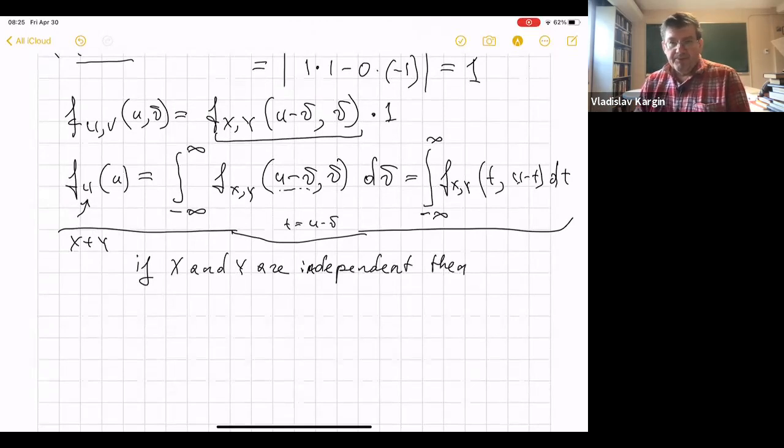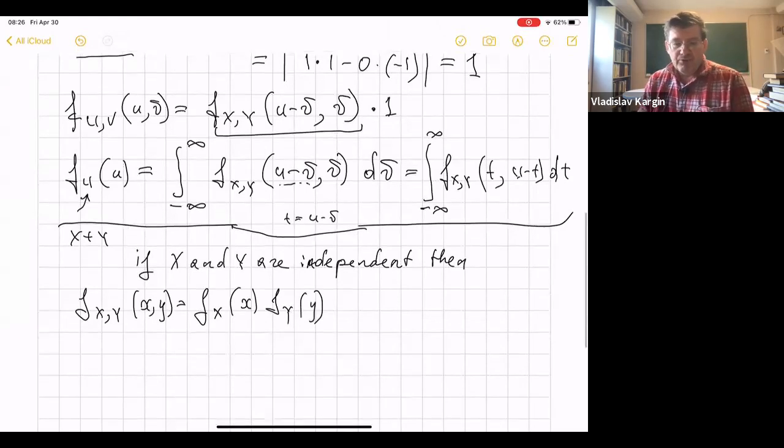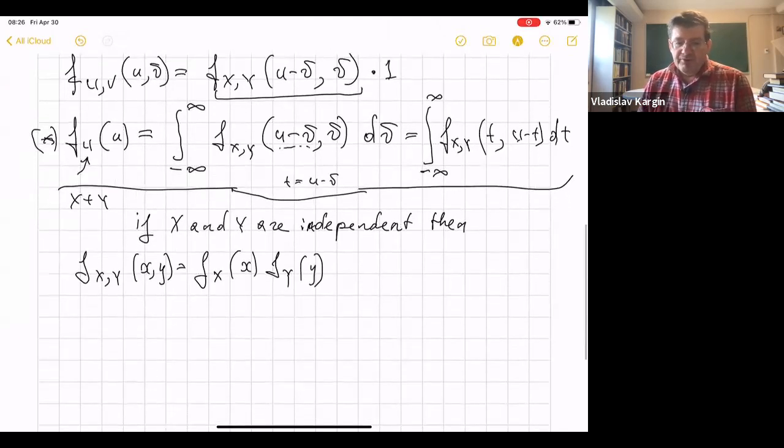Then the joint density f of x, y is a product, f of x times f of y, just by the definition of independence. If you plug this into the previous formula, the formula star, the formula becomes a bit different.